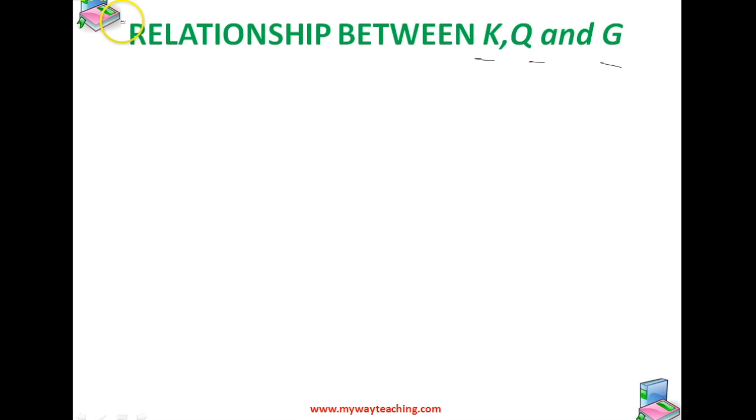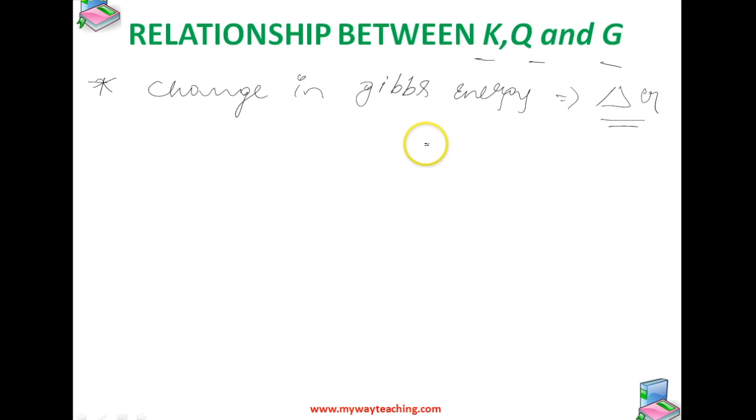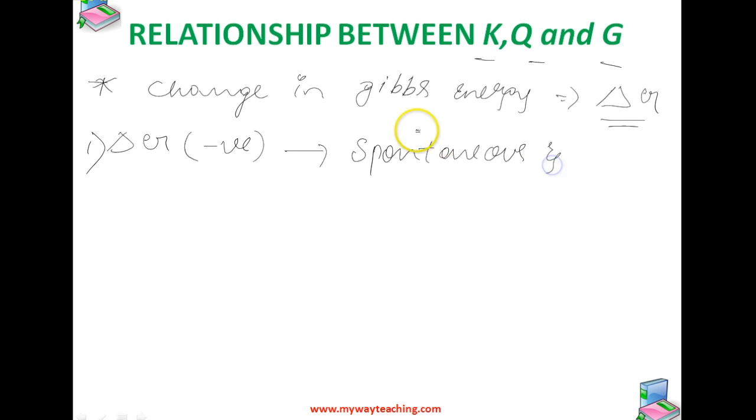However, it is directly related to the thermodynamics of the reaction, and in particular to the change in Gibbs energy, which we can write as delta G. If delta G is negative, then the reaction is spontaneous and proceeds in the forward direction.